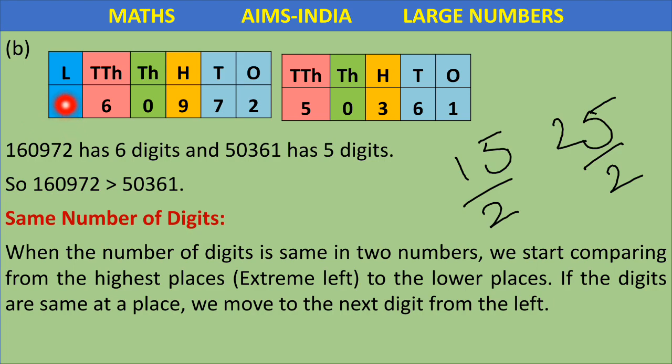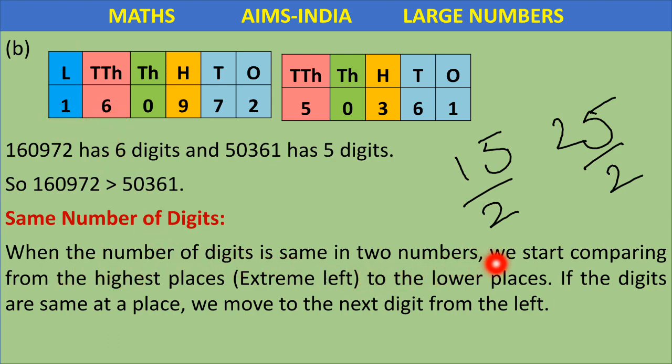And what is the place value of 1? The place value of 1 is lakhs. Now is one's place value greater or lakhs place value greater? Yes, lakhs place value is greater. So highest place values are present on the extreme lefts, and we start comparing from the extreme lefts.